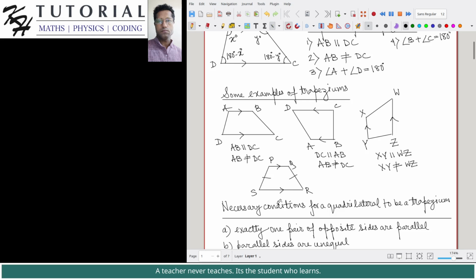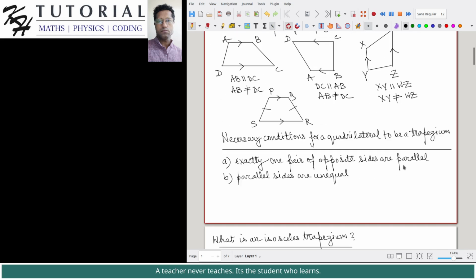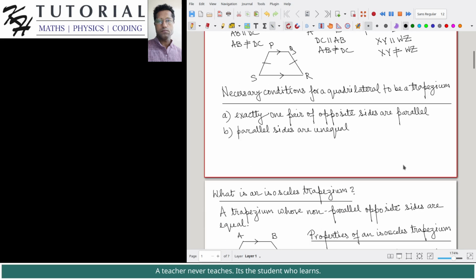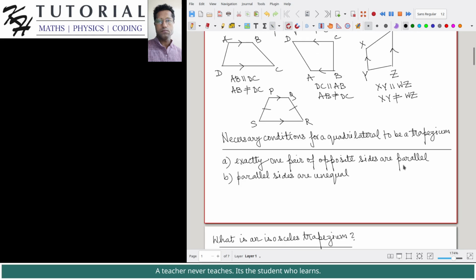So the non-parallel sides may or may not be equal. But it is important that it has only one pair of opposite sides parallel, and those parallel sides should be of unequal length. Okay, so let's see the necessary conditions for a quadrilateral to be a trapezium.